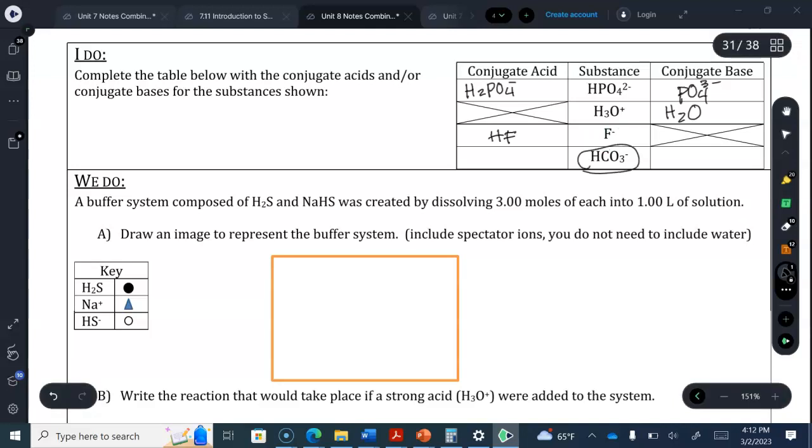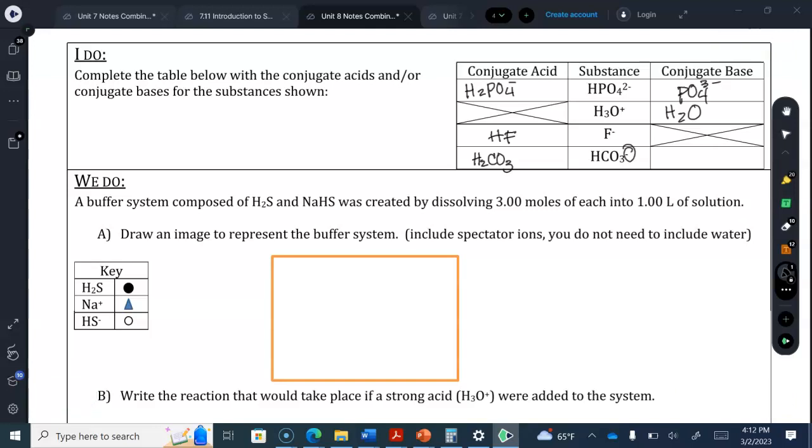If the substance is going to have a conjugate acid, it acts as a base and accepts a hydrogen ion, so H2CO3, carbonic acid. But if this is going to act as the acid, and this is a minus charge that's kind of small, it's going to donate that proton and form the carbonate ion.